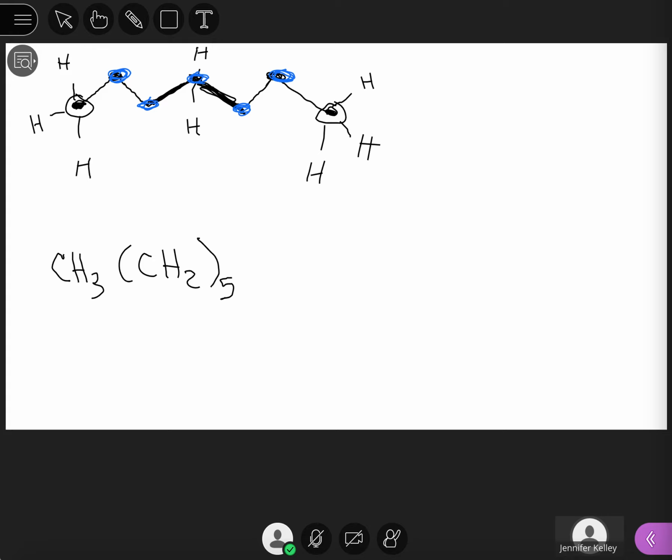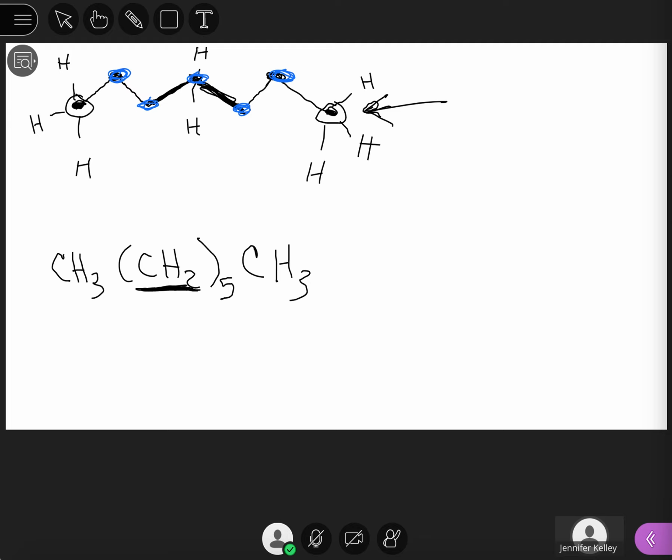So 5 on how many CH2s there are. And then it ends in this CH3 here, so we just tack that on to the end. And that's really nice, especially when you get something that's got like 20 CH2s in the middle. It's just a lot quicker to write it like this. In this case, I know it's a straight chain because it's CH2. If it's CH2, it's not branching off anywhere.